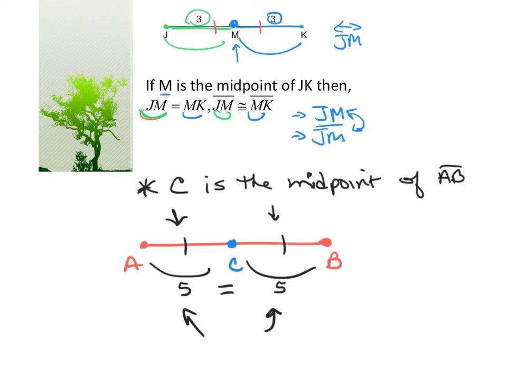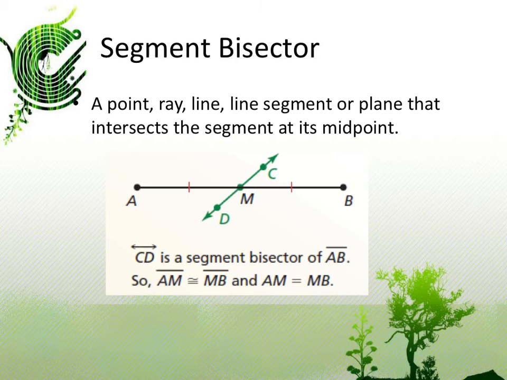All right, let's go on and see what a bisector is, specifically a segment bisector. So a segment bisector is either a point, a ray, a line segment, or a plane that intersects the segment at its midpoint.